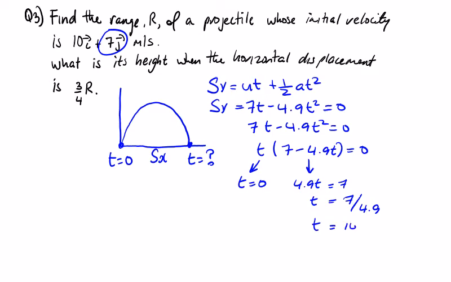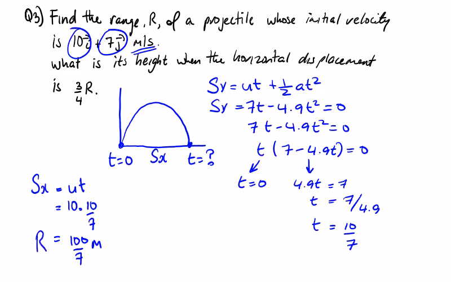So time is equal to 10 over 7. So the range, coming over to the left, this s in x is equal to ut, which is this 10 times time, 10 by 10 over 7, which is equal to 100 over 7 meters. So that's equal to R, the range.